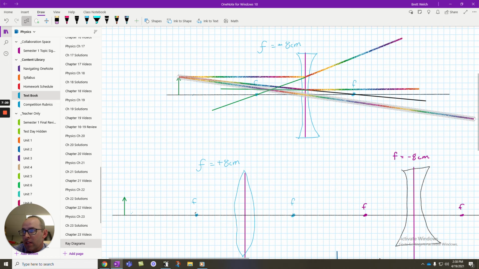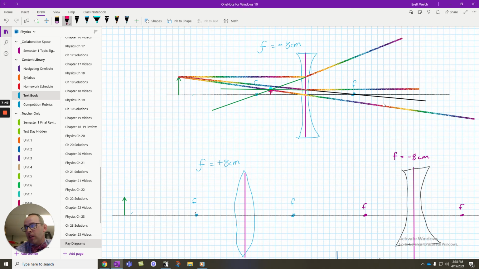We go straight through the center of the lens, and if we do that right here, there should be a spot where it looks like all the lines are intersecting. And so I could once again draw my ray upright this time. My little arrow is upright, but it is smaller, but it's close to me.